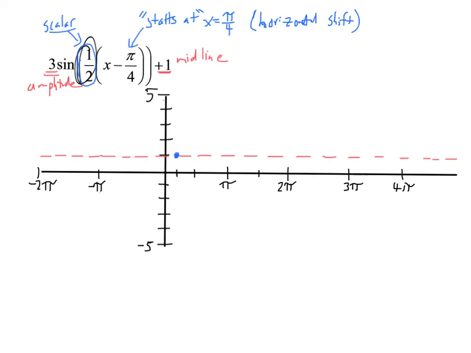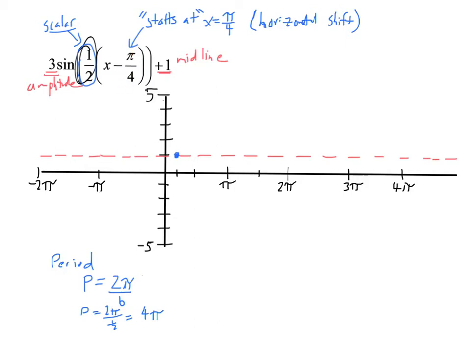And there's a formula that the period, which we can call P, equals 2 times B. I'm sorry, I mean 2 pi over B. So our period in this case is going to be 2 pi over 1/2, which is going to wind up being 4 pi.